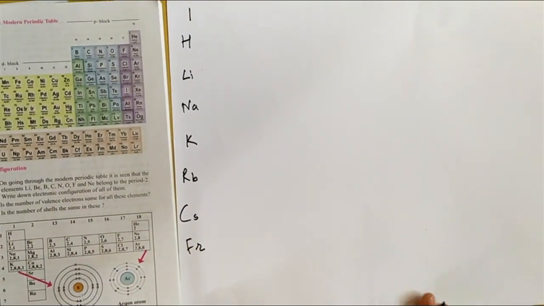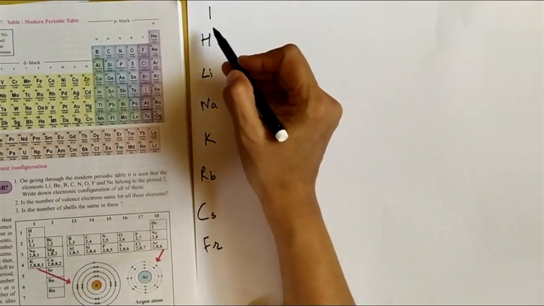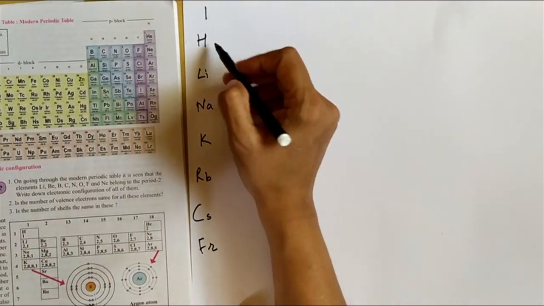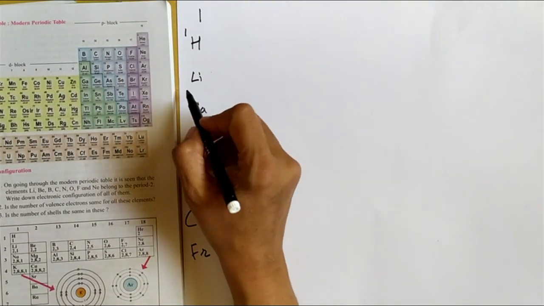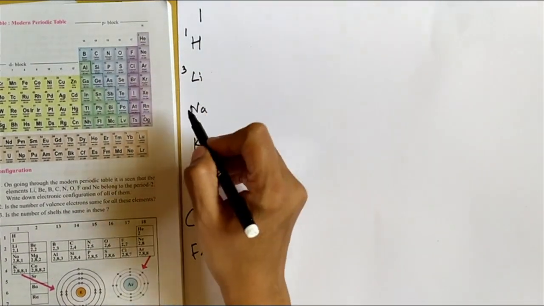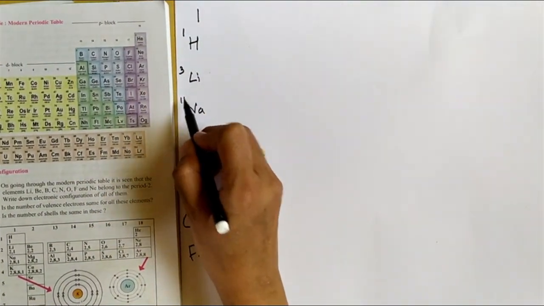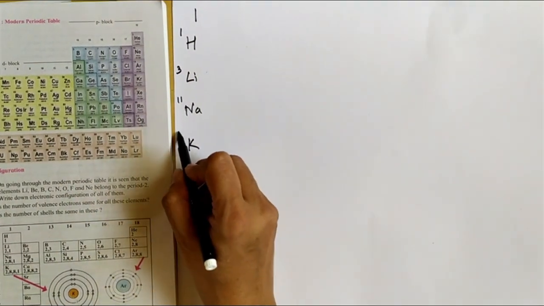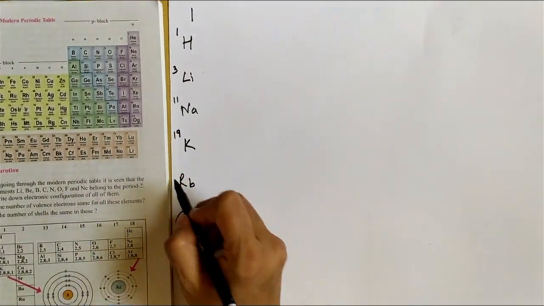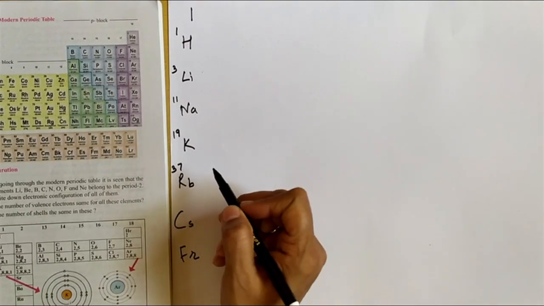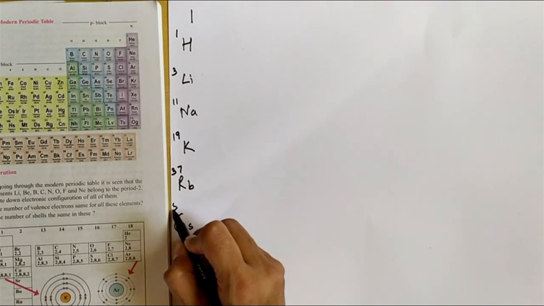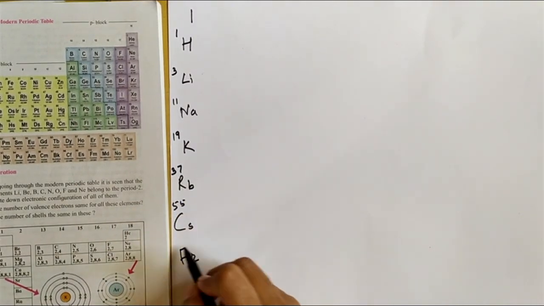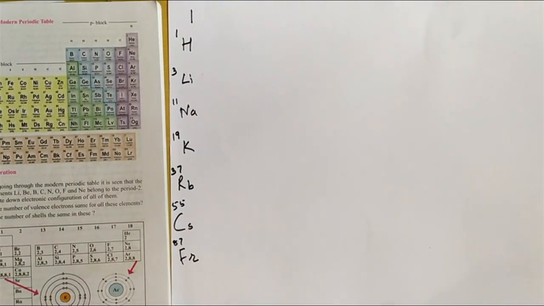These are the elements in the first group. Now hydrogen atomic number 1, lithium atomic number 3, sodium atomic number 11, potassium atomic number 19, rubidium atomic number 37, calcium atomic number 55 and francium atomic number 87.